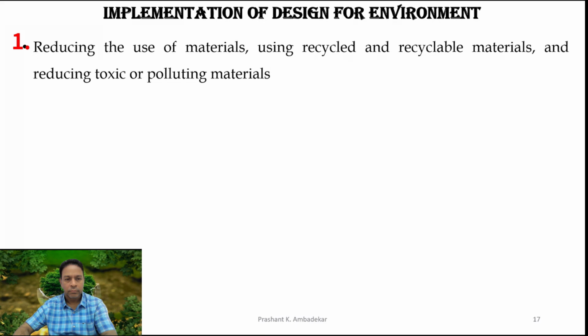Instead of purchasing new material, use the recycled material or material which is recyclable. What will happen because of this? The material or the fossil fuels which are available in nature will not be consumed and will be there for a long period of time, maybe for the coming generation. That's why we reduce the use of material, use recycled and recyclable material, and reduce toxic or polluting material.